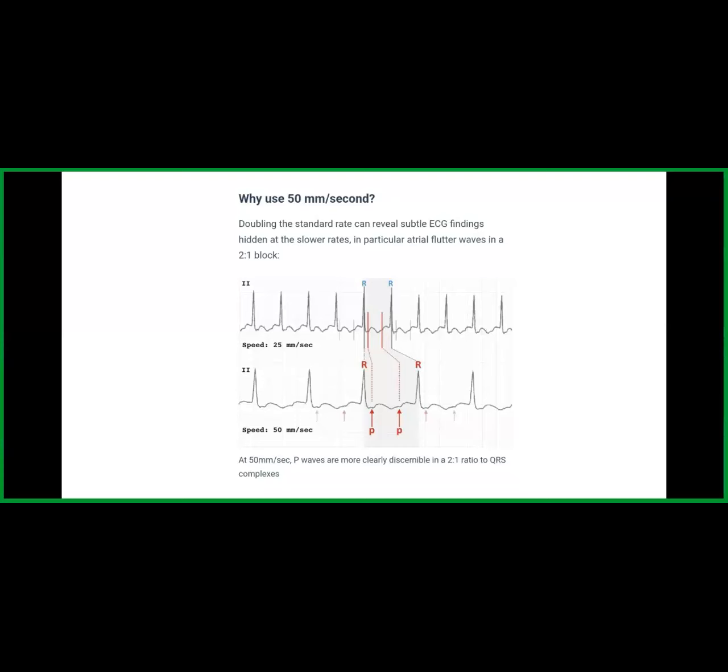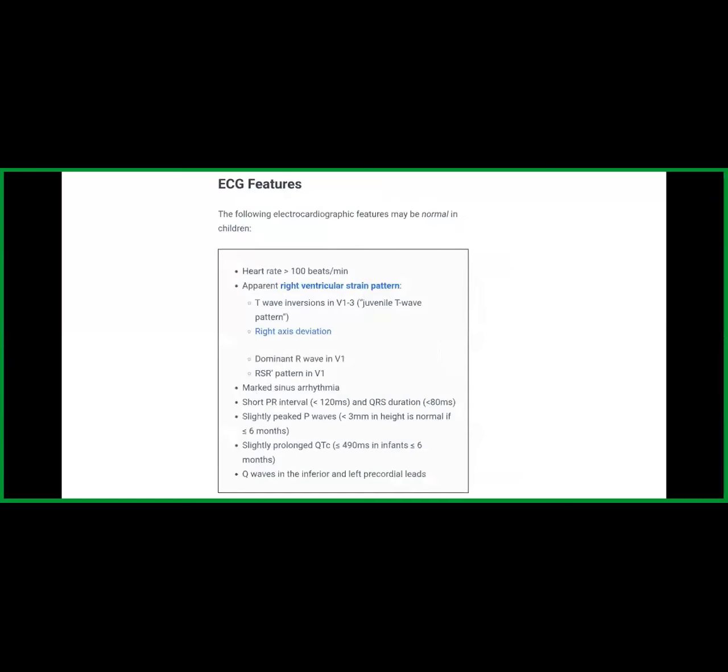So when we talk about 2:1 block, this is the morphology we are talking about. On increasing the speed, the same graph is better visualized, and it is a good way of analyzing the rhythm if we are not that good at it in the beginning.